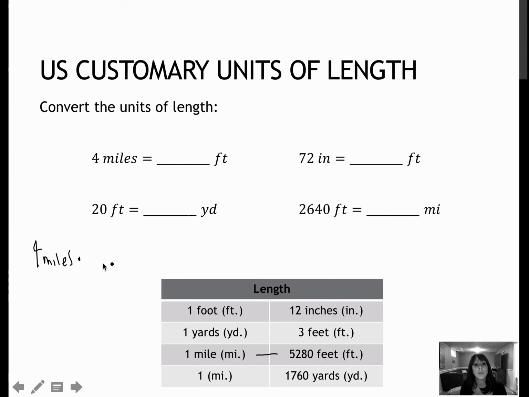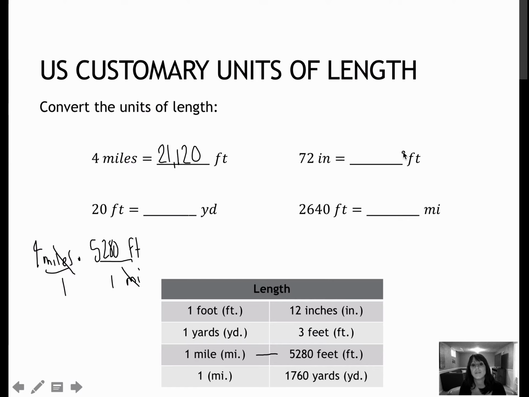To multiply, remember, I want miles on the bottom and feet on the top: 5,280 feet per 1 mile. Those miles will cancel, and I'm left with 4 times 5,280. So we know we're either going to be multiplying or dividing in this case. When I multiply those values, I get 21,120 feet.